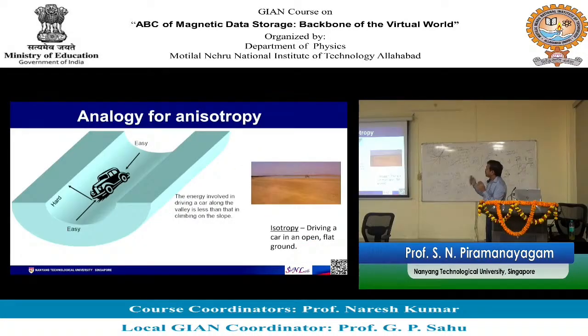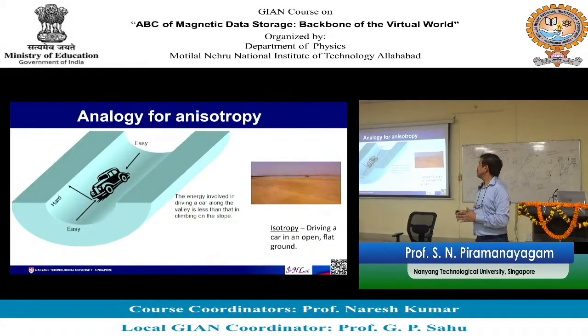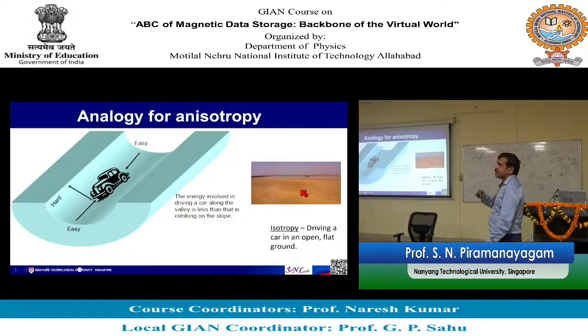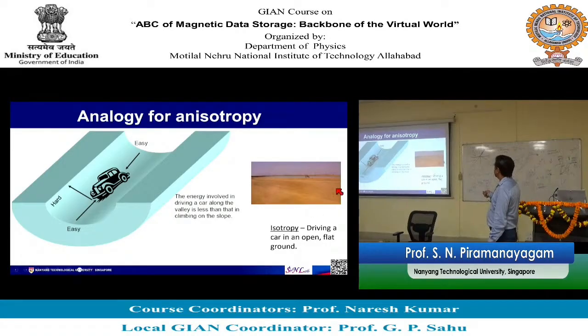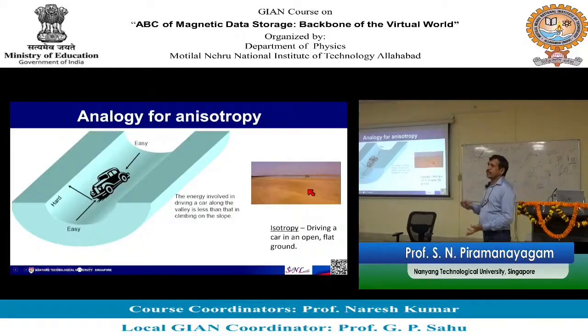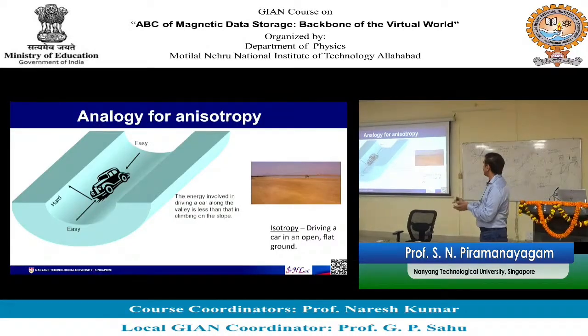Okay, so let me use some analogy for anisotropy. I told you that isotropy means it is direction independent, anisotropy means direction dependent. Let us say you have a flat open ground. It is a very large ground and it is flat, and say you drive a car from here to here or here to here, you will find no difference, because it is a flat ground and you assume that the friction, everything is the same, and it is a leveled ground.